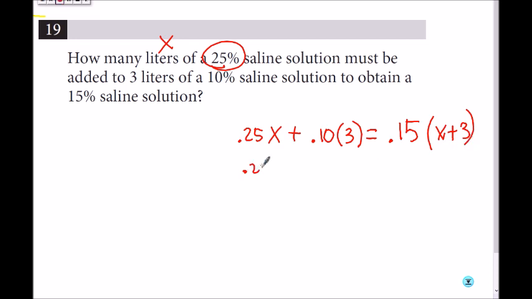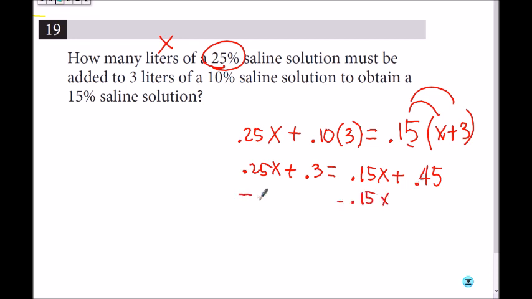Okay, so let's go ahead and solve for X. So it's 0.25X plus 0.3 equals 0.15X plus 0.45, since you have 2 decimals. Move the smaller x's to keep the x's positive.